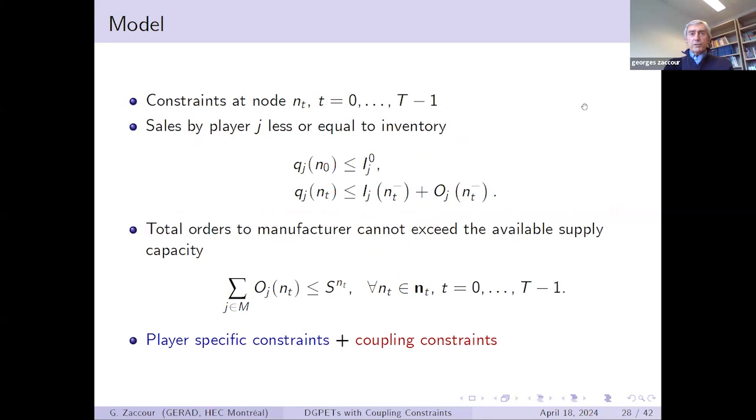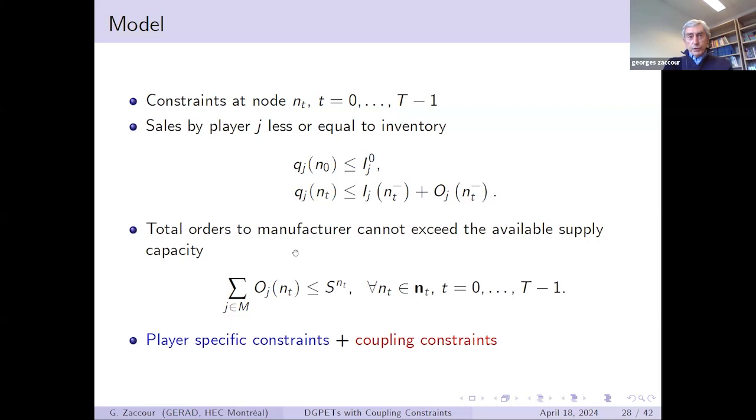So what kind of constraints do we have here at any node? Sales by player J cannot exceed inventories. So it means that at the initial node, it cannot exceed the initial inventory. At any node NT, the sales cannot exceed the inventory that was available at the predecessor node plus the order at the predecessor node.